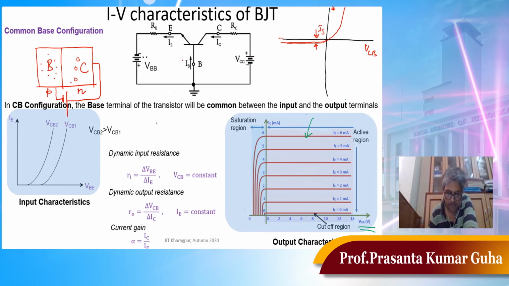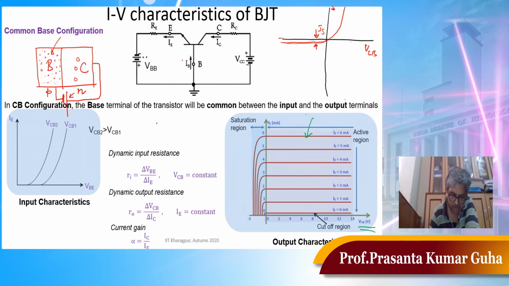Now what happens if we somehow manage to increase the number of electrons here? If we have a huge number of electrons, then what will happen?